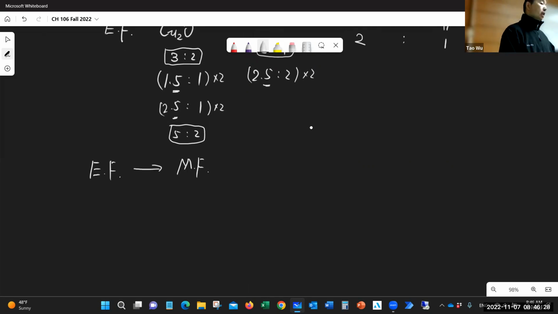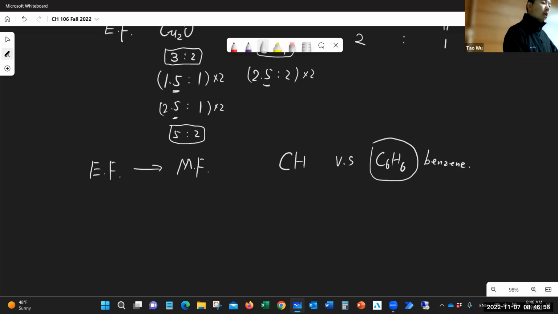The empirical formula is just the ratio between the elements, but the molecular formula is what is exactly in the molecule. For example, CH versus C6H6. C6H6 is benzene, and CH is the empirical formula of benzene.